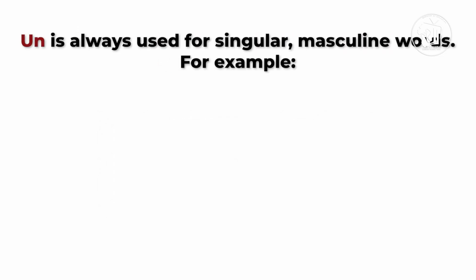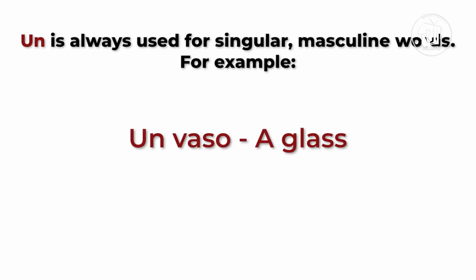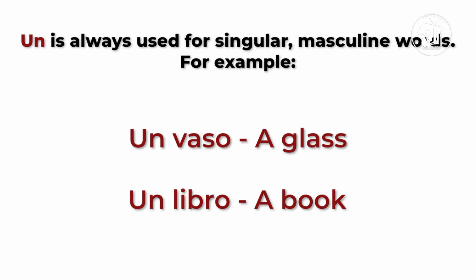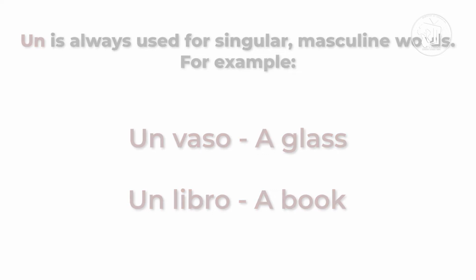Un is used always for singular masculine words. For example, un vaso, which means a glass. Or un libro, which means a book. As you could see, in both cases, we are referring to a singular masculine word. We know it's a masculine word because it ends in O. Now, let's take a look at una.